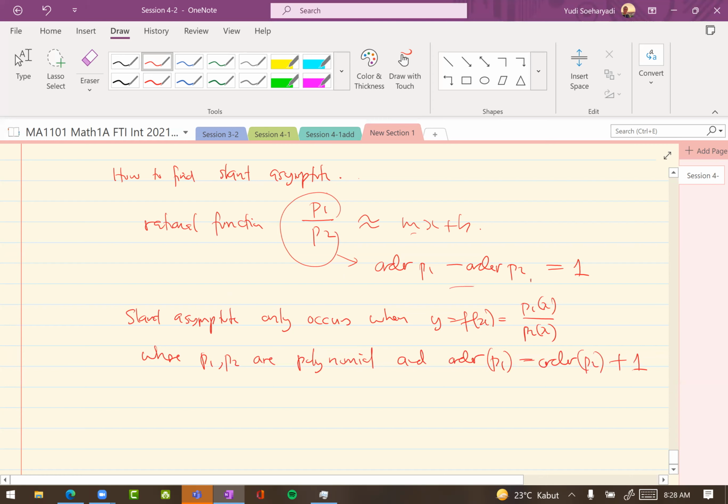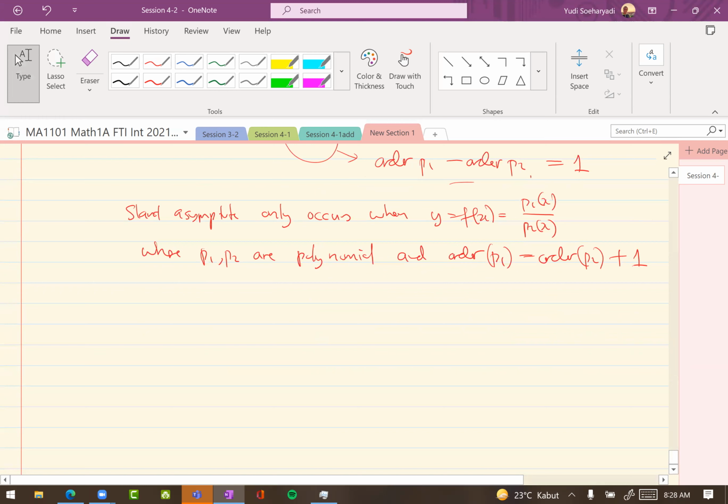So simple. So when you don't have this, you don't have a slant asymptote.